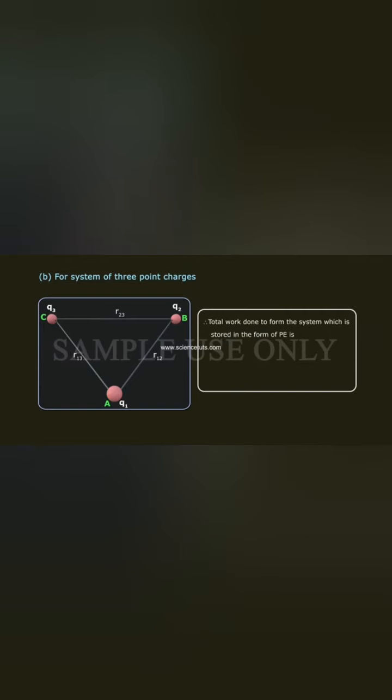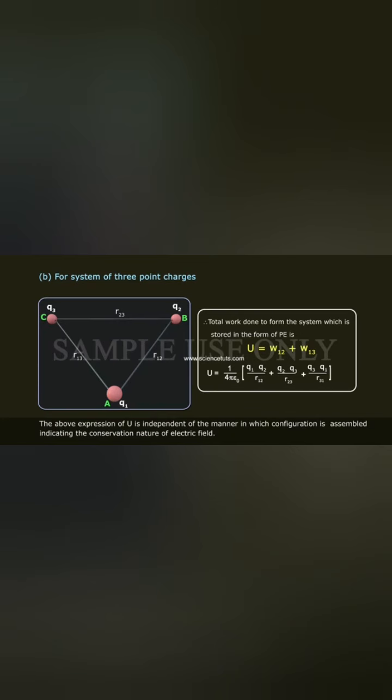Therefore, the total work done to form the system, which is stored in the form of PE, is U is equal to W12 plus W13. U is equal to 1 by 4 pi epsilon naught of Q1 Q2 by R12 plus Q2 Q3 by R23 plus Q3 Q1 by R31.